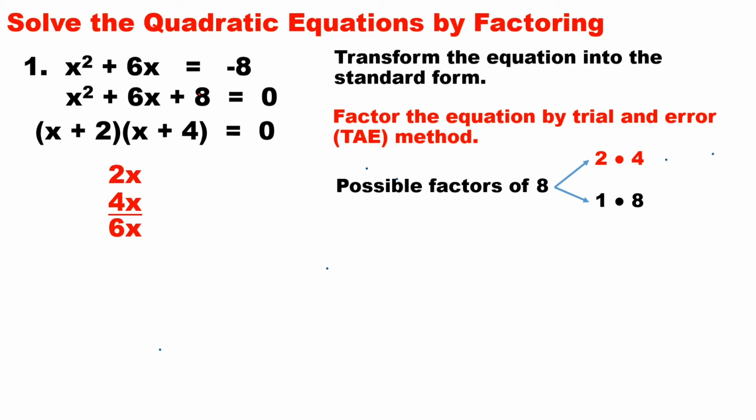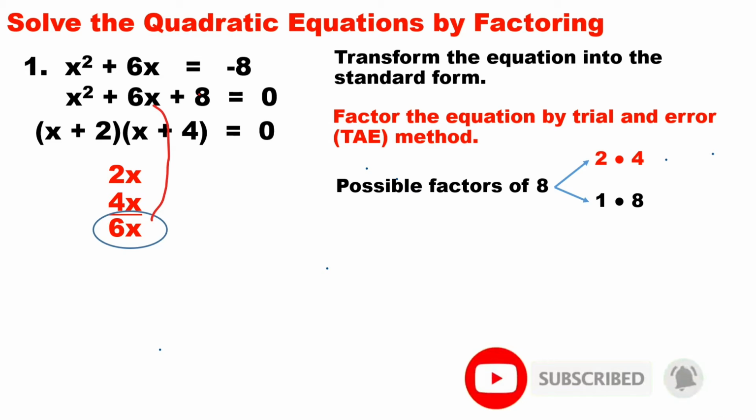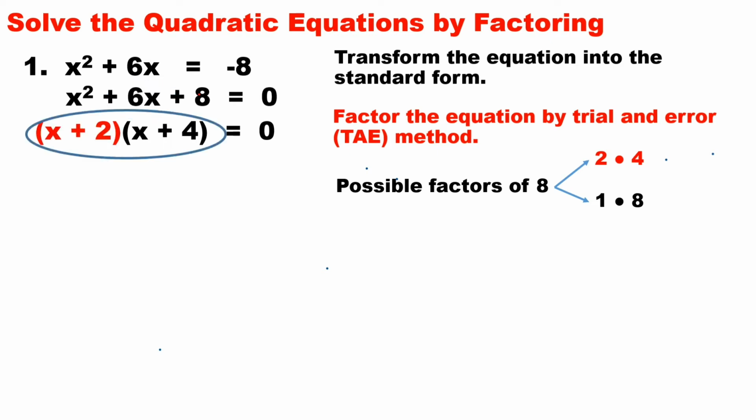Let us now add 2x plus 4x equals 6x and match it to the middle term of the quadratic equation. Since they are both 6x, the expressions quantity x plus 2 and quantity x plus 4 are the factors of the quadratic equation x squared plus 6x equals negative 8.